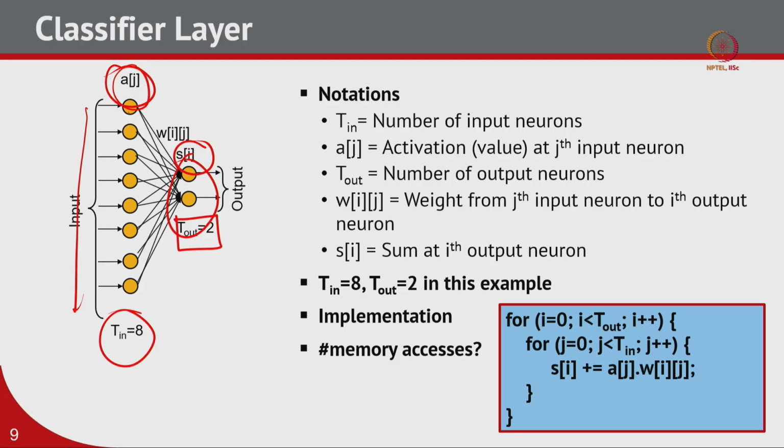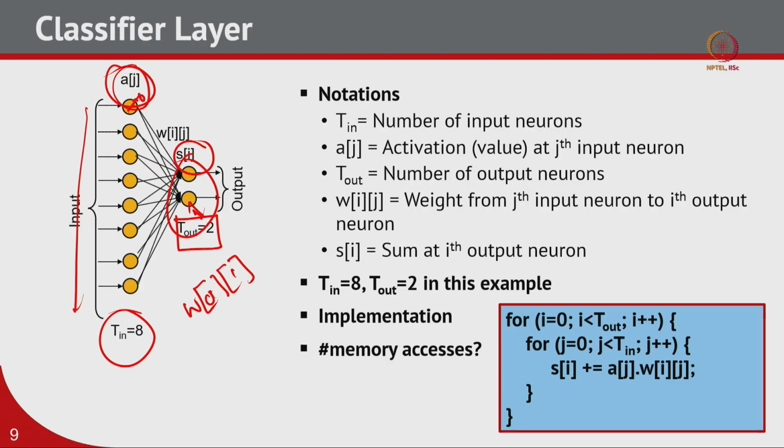For example, if this input neuron is 0 and this output neuron is 1, then W_01 means the weight from the 0th input neuron to the first output neuron, okay. And S_i is the sum at the ith output neuron, okay.